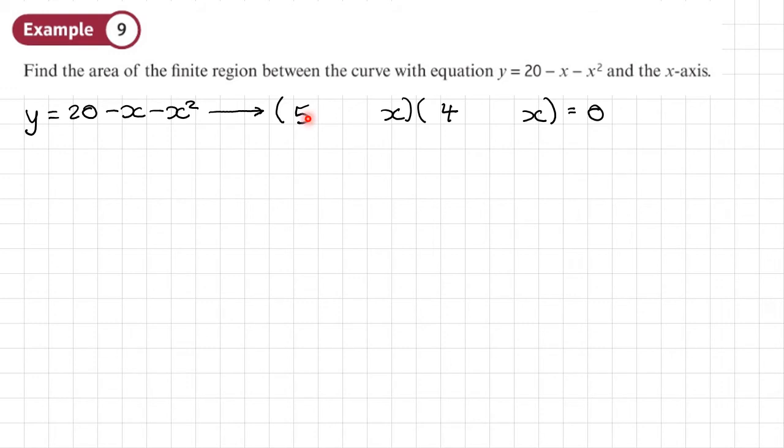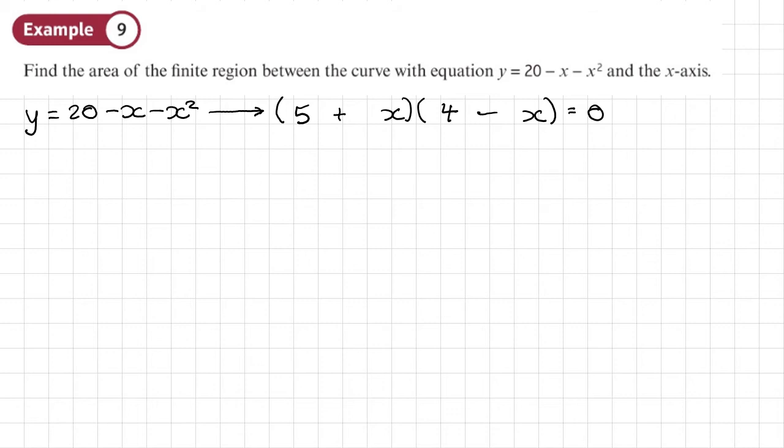I just need to decide where I'm going to put my minus sign. Now I want negative x squared, so only one of these is going to be negative, and I want negative 1. So if I put the negative here, that will give me the negative 5x, and then this will give me the plus 4, which I'm looking for.